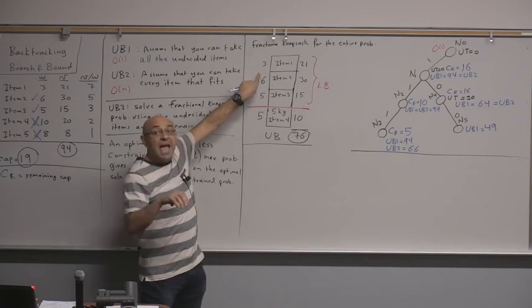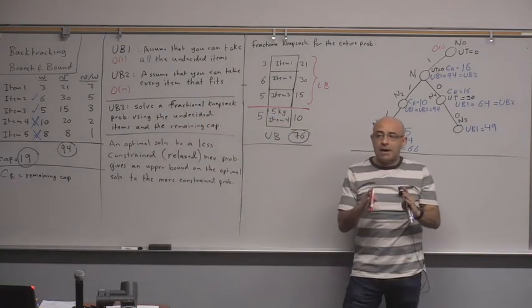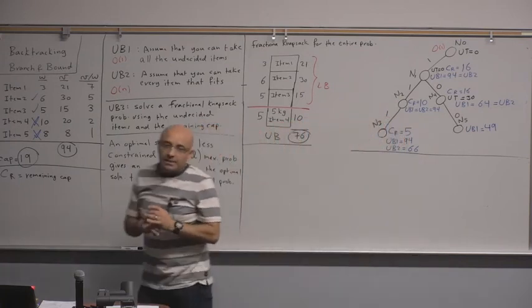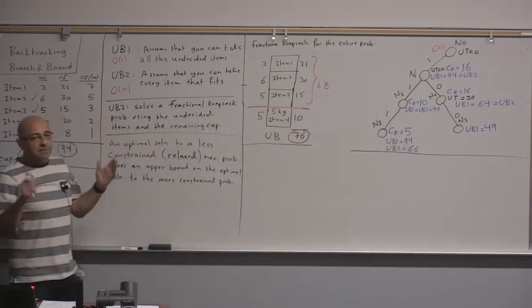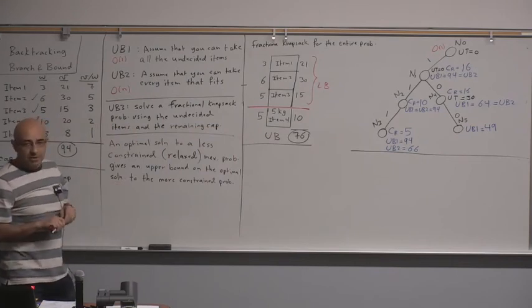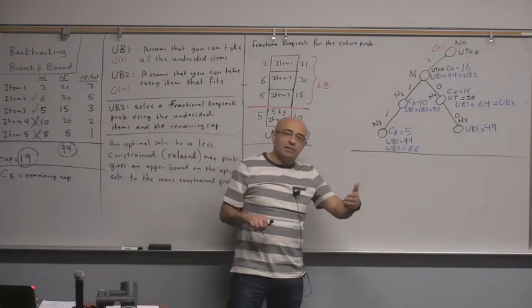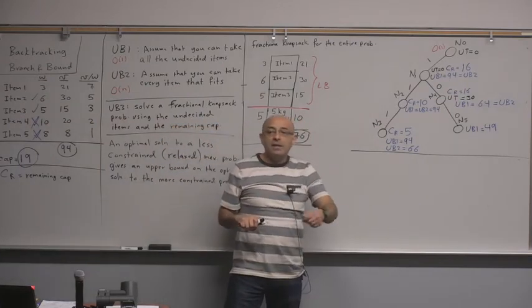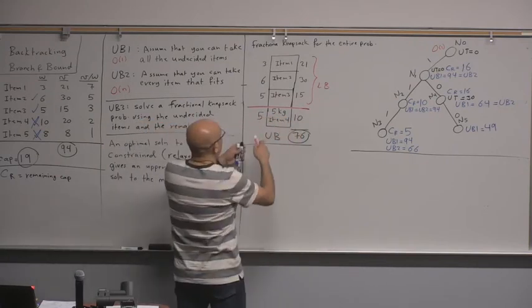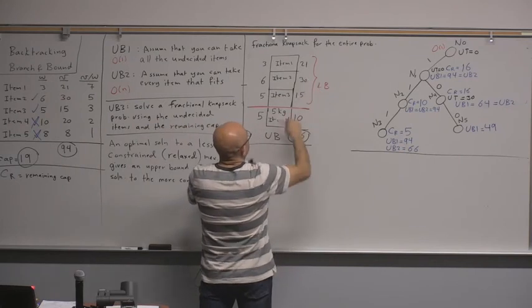So the value of any feasible solution is a lower bound on the value of the optimal solution. Basically, any feasible solution that you find will be a lower bound, and the larger the value of that feasible solution is, the more useful it will be. So this will give us a lower bound of 66.